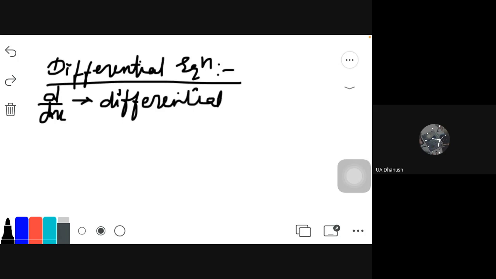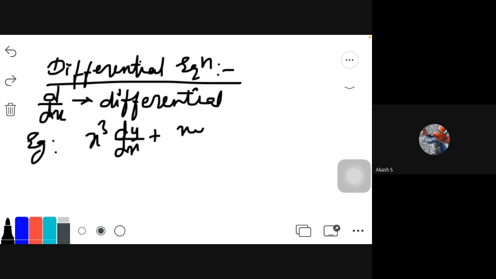So an equation which is made up of a differential will be called a differential equation. Say, for example, if I'm writing something like this, x cube dy by dx plus xy plus 5 equal to 0.